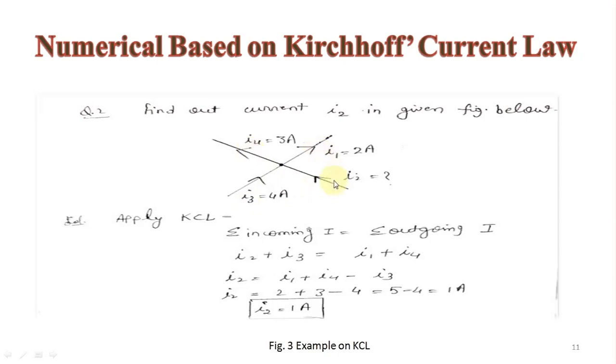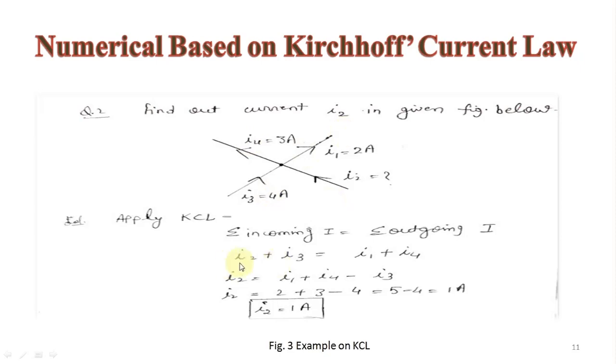So we may write I2 plus I3, because these are incoming currents towards the node, and I1 and I4 are outgoing currents, so the sign convention is negative. So I2 plus I3 minus I1 minus I4 is equal to 0.